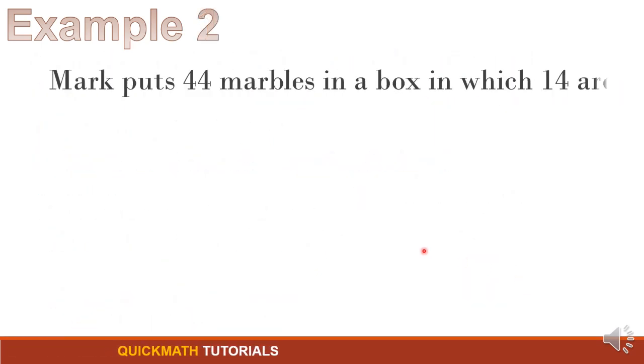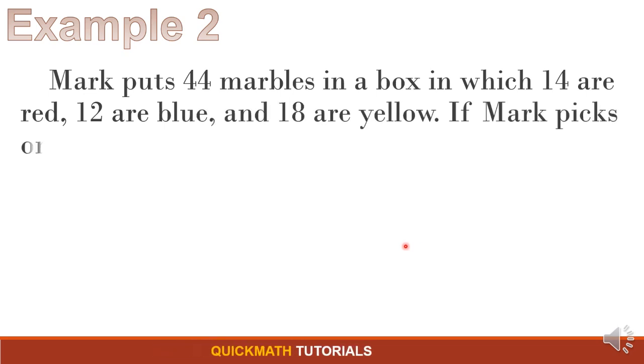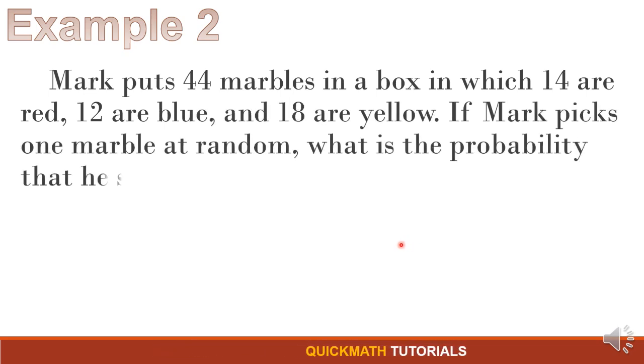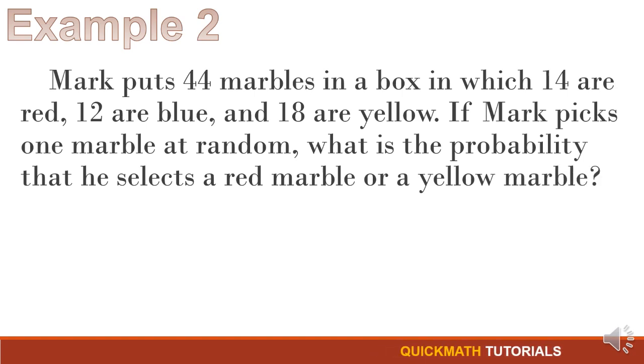For our second example, we have Mark puts 44 marbles in a box, in which 14 are red, 12 are blue, and 18 are yellow. If Mark picks one marble at random, what is the probability that he selects a red marble or a yellow marble? First, we will list what are given in this problem.